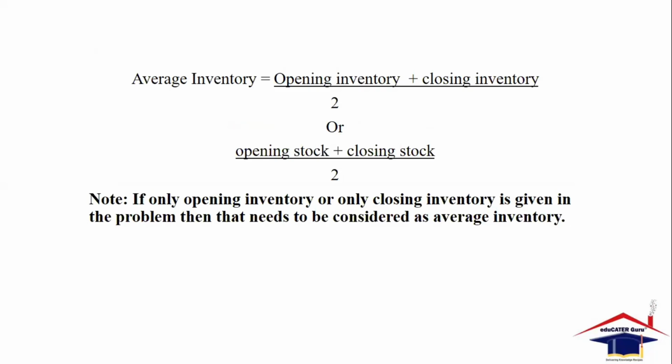So in this case, if in the problem they have given only opening inventory or closing inventory, any one has been given, then that alone has to be considered as average inventory. So no need to get tensed or confused at the exam. Any one has given, then you just write a note saying only either opening stock or closing stock has been given, and that has been considered as average inventory.